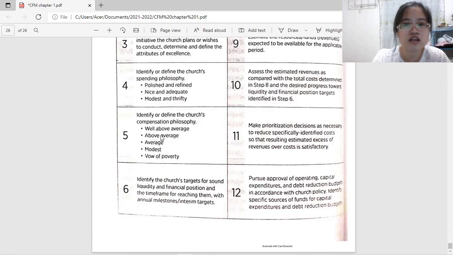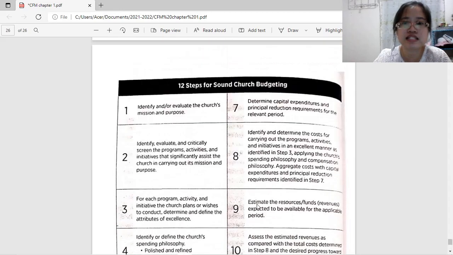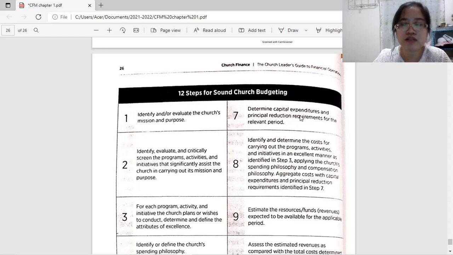So you have either well above average, average, modest, or vow of poverty. Number six, identify the church's targets for sound liquidity and financial position and the time frame for reaching them, with annual milestones, interim targets. Seven, determine the capital expenditures and principal reduction requirements for the relevant period.